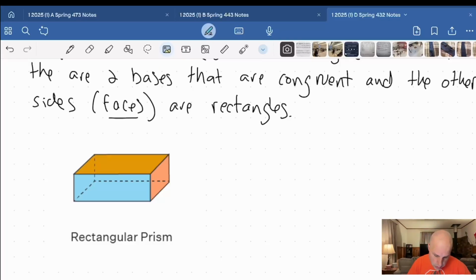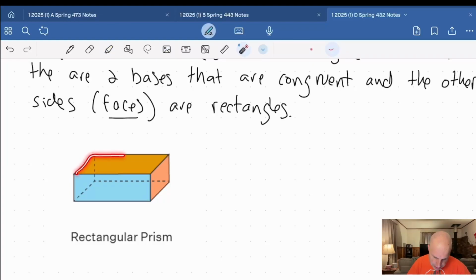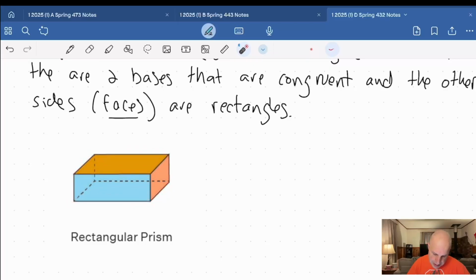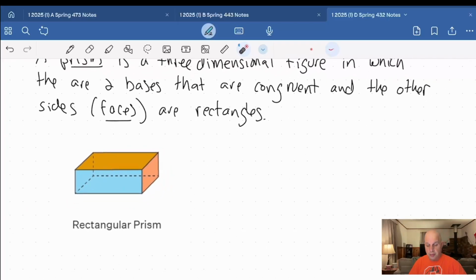So if I take these opposite sides here, let's say this side here and this side here, those are the bases of our rectangular prism, and they are congruent to each other. They're the same exact size and same exact shape.